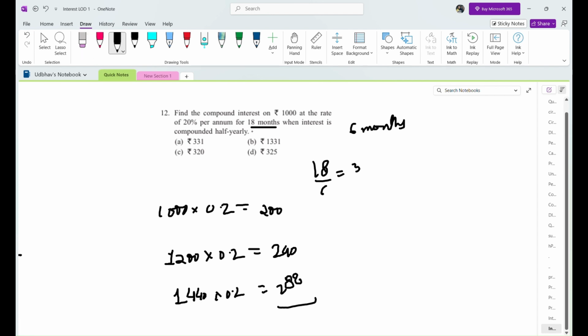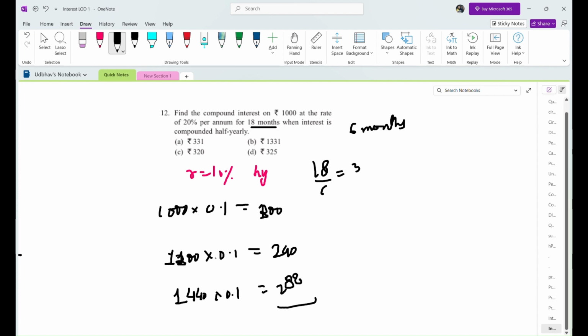Because the rate was given per annum, and we are compounding it half yearly, the rate will also be half. The rate will be 10% half yearly. So 0.1, this will be 100 rupees.